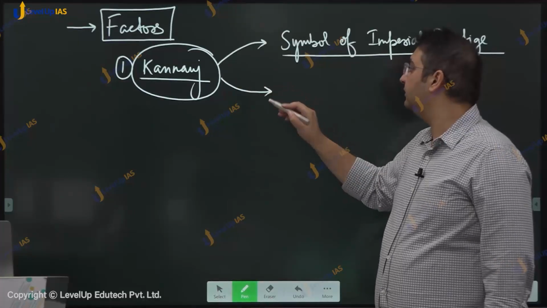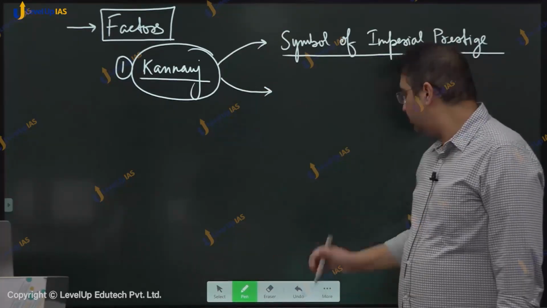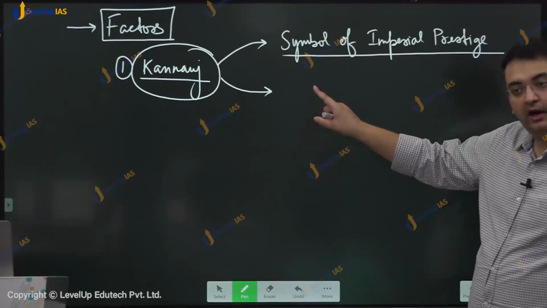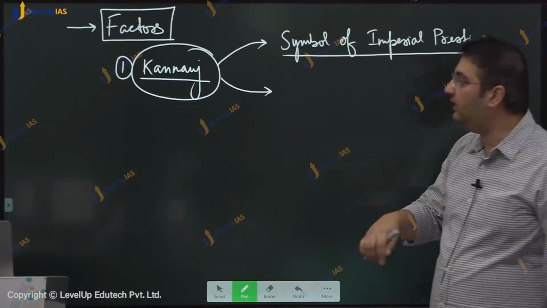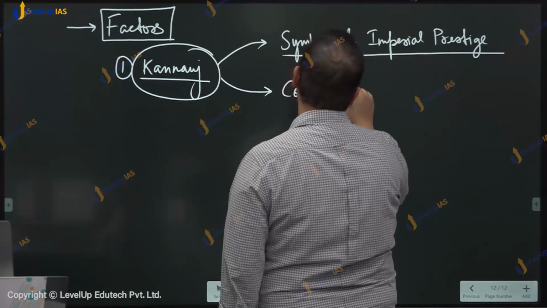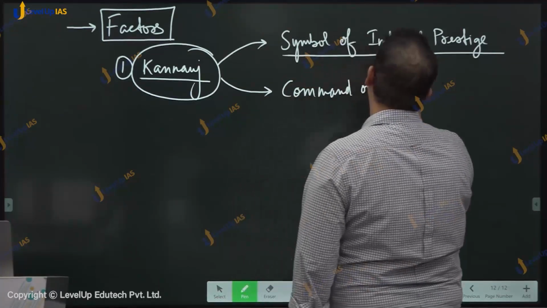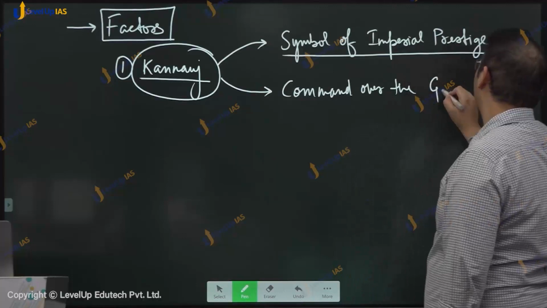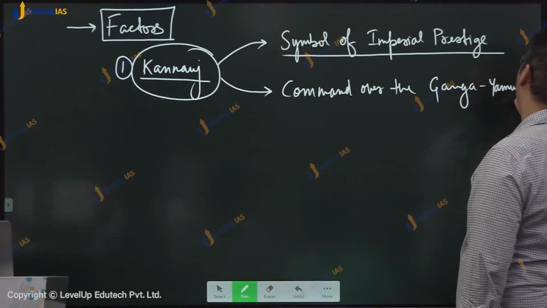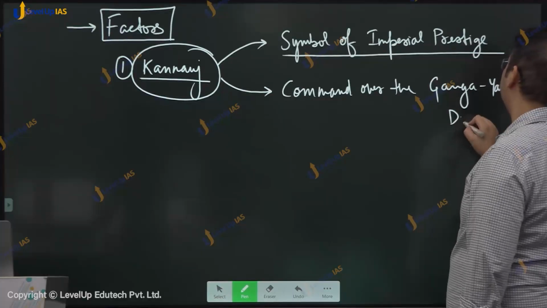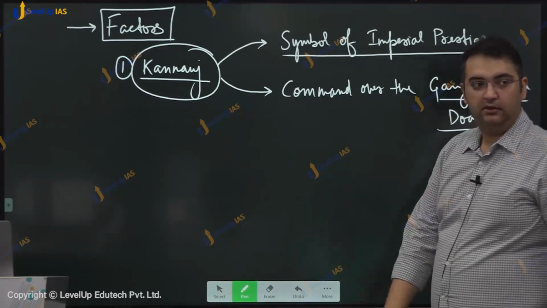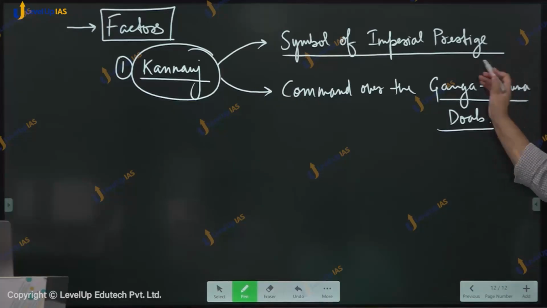Secondly, the city of Kannauj would also have given any power who controlled it command over the Ganga Yamuna Doab region. Right? What is the significance of the Ganga Yamuna Doab region?